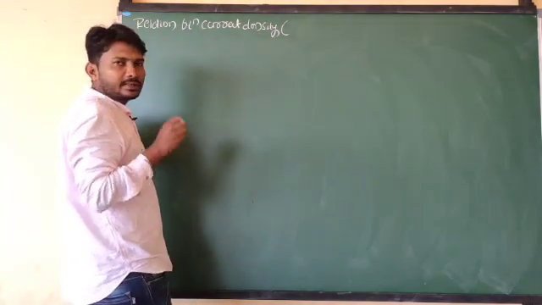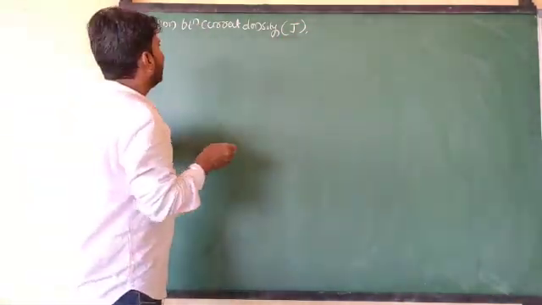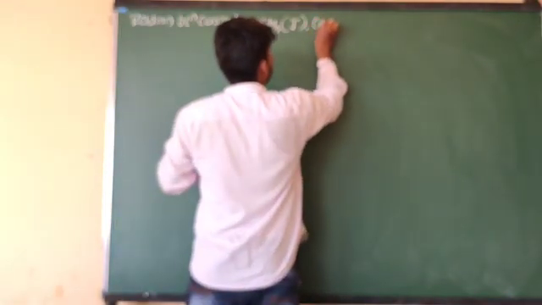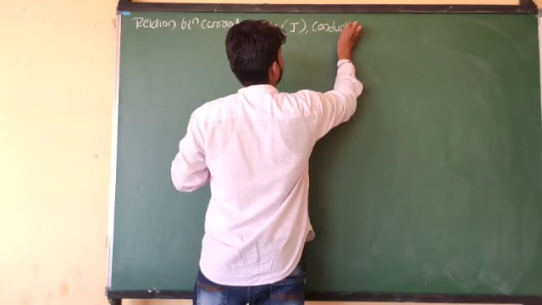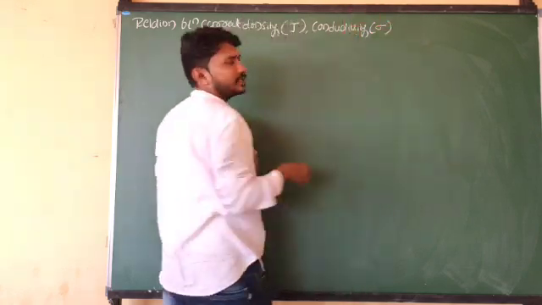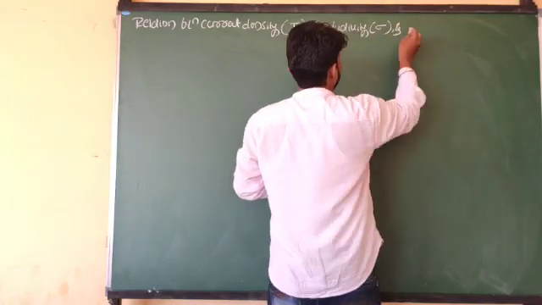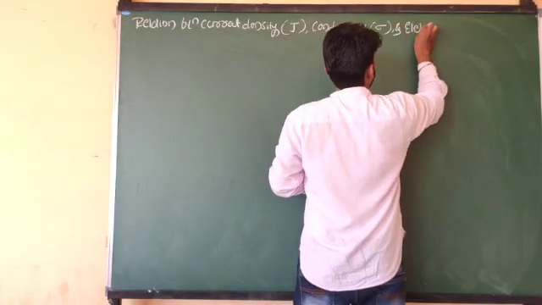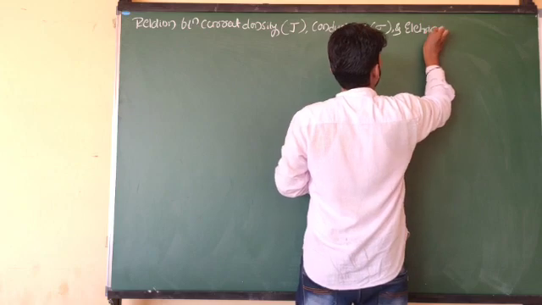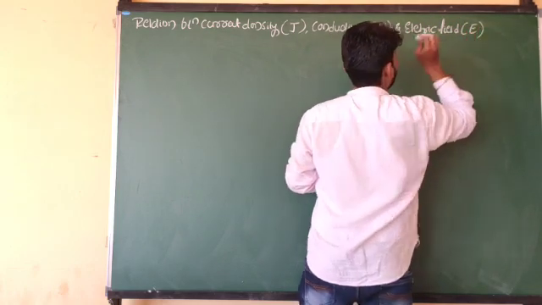What is the symbolic representation of current density? It is represented by the symbol J. Conductivity is represented by the symbol sigma, and electric field is denoted by the symbol E.